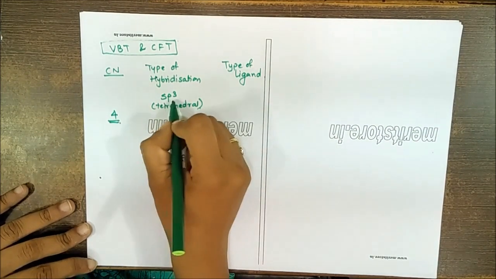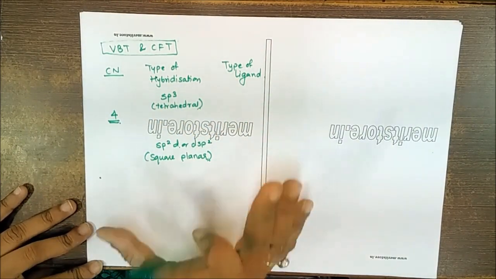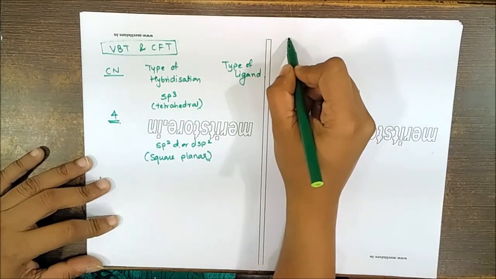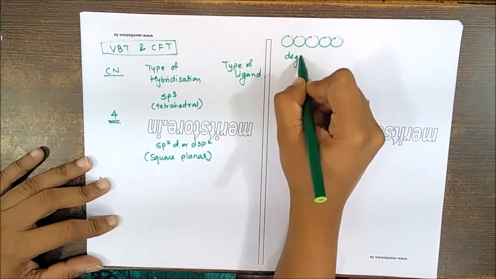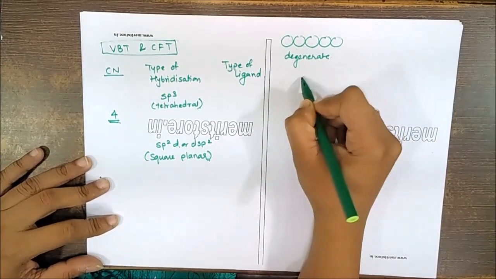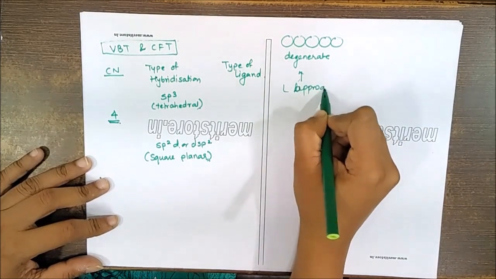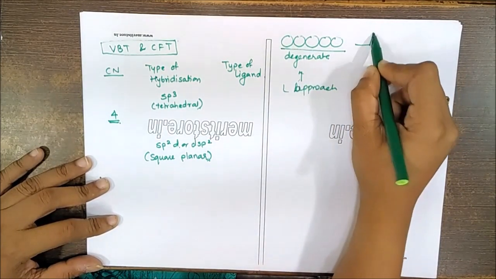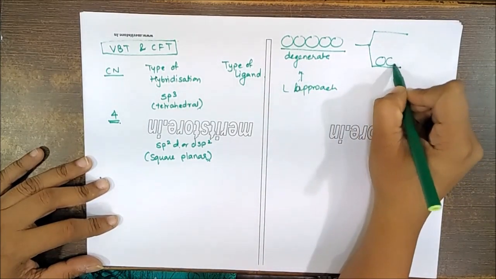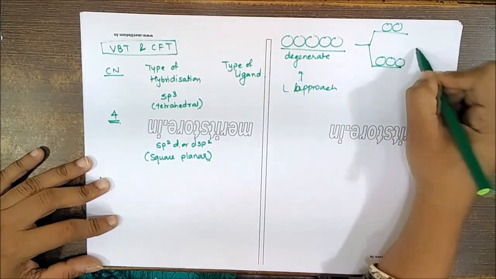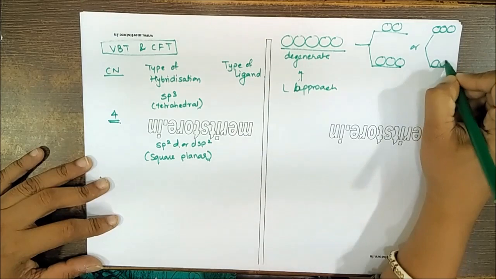Now when I talk about sp3 hybridization, we are generally going for the outer orbitals. We have to remember there are 5 d orbitals, and the metal d orbitals are always degenerate, that is, they have the same energy. When the ligand approaches, these 5 d orbitals split into two groups: either 3 down and 2 up, or 3 up and 2 below.